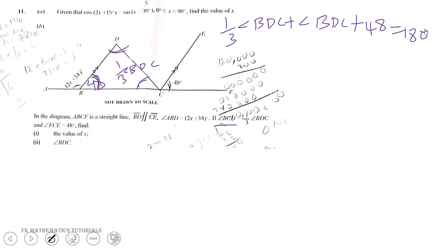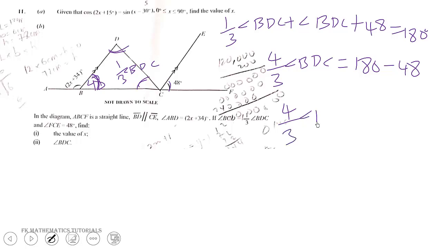So we will have 4/3 BDC. Angle BDC is equal to 180 minus 48. 180 minus 48 will give you 132. So we have 4/3 times angle BDC is equal to 132.